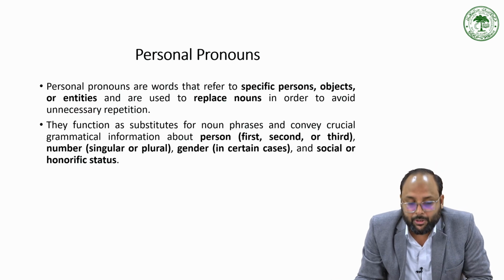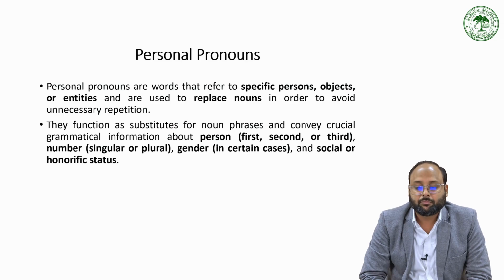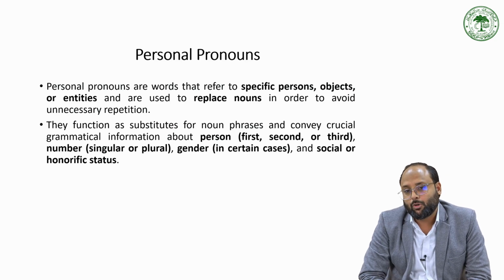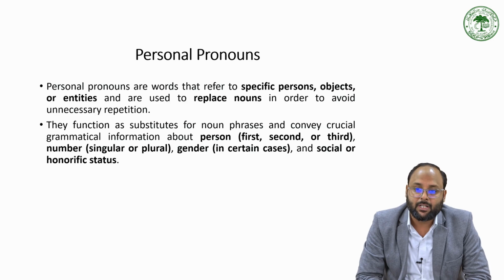So now we come to the personal pronoun. We have different types of personal pronouns in every language. Personal pronouns are words that refer to a specific person, object or entity and are used to replace nouns in order to avoid unnecessary repetition. We have already discussed that in the introduction.